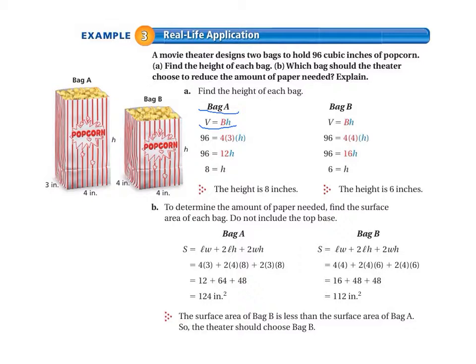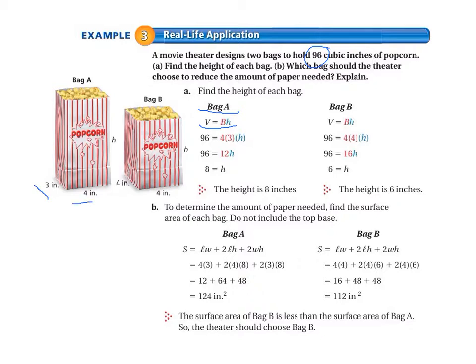Now we need to plug in our numbers. For V, which stands for volume, we need to go back up to our word problem and find where it says volume. A movie theater designs 2 bags to hold 96 cubic inches of popcorn. So our 96 is our volume. So that gets plugged in for V. And then we look at our base, which we see here.